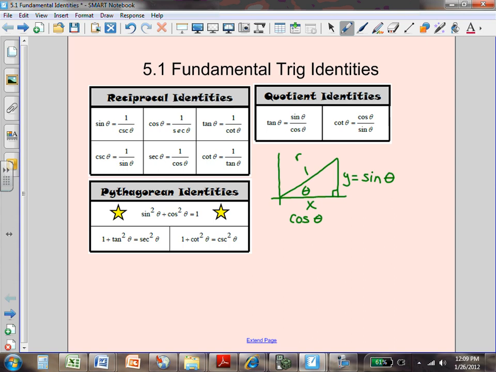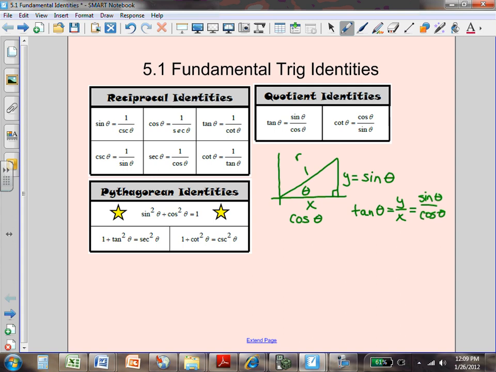Okay, so when we looked at tangent of our angle, we know that tangent is y over x. So now we know that tangent is also sine over cosine, because the sine is the y value and the x is the cosine value.